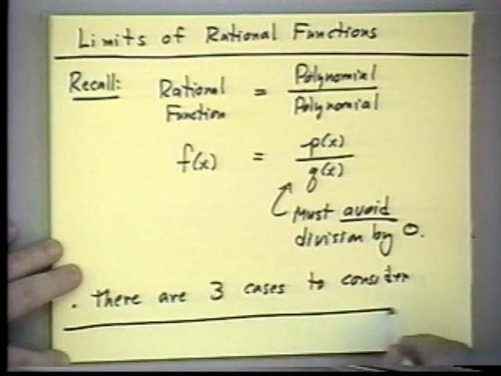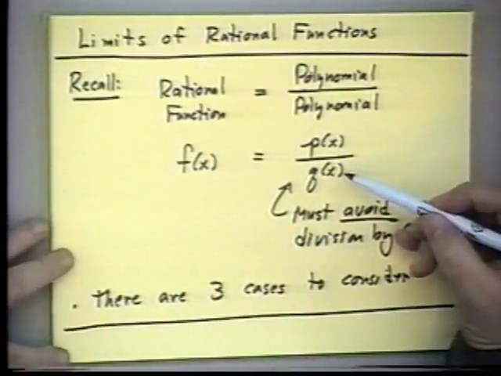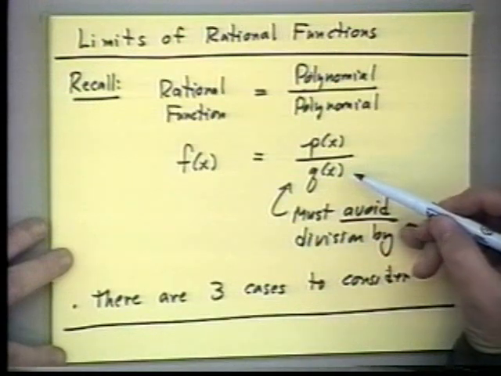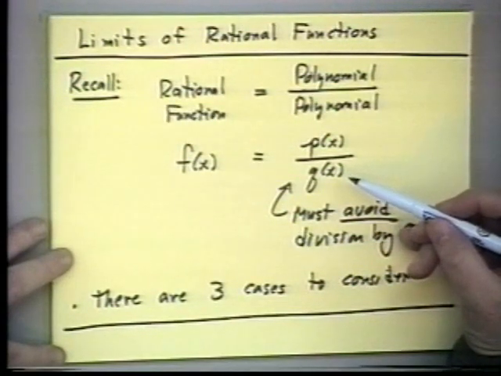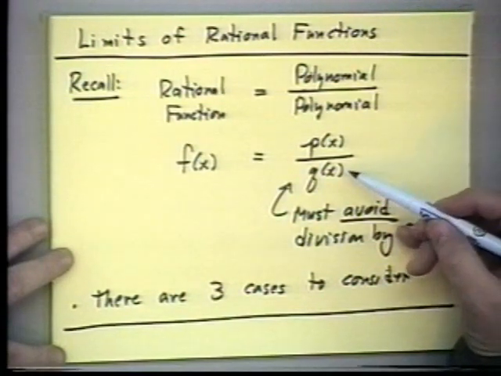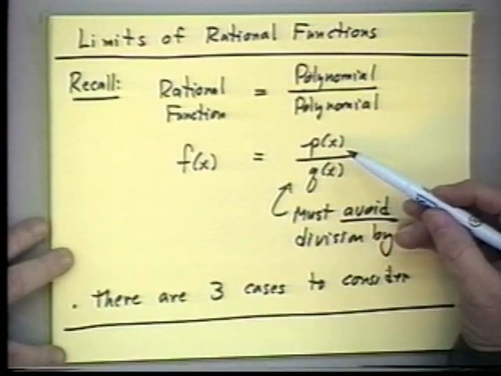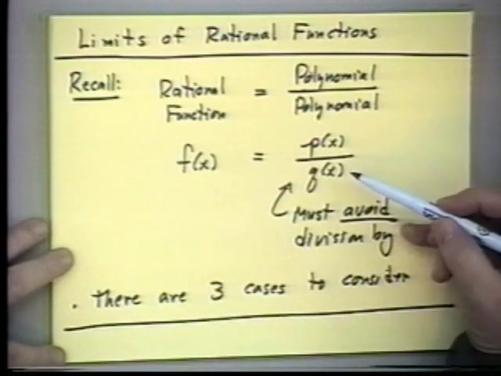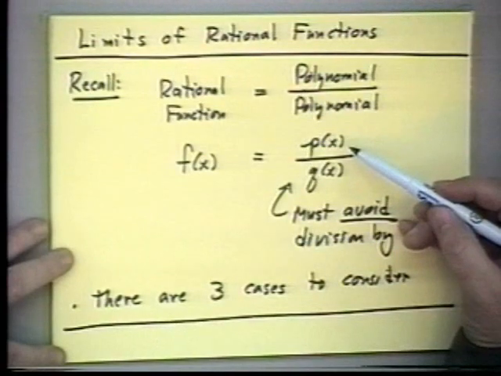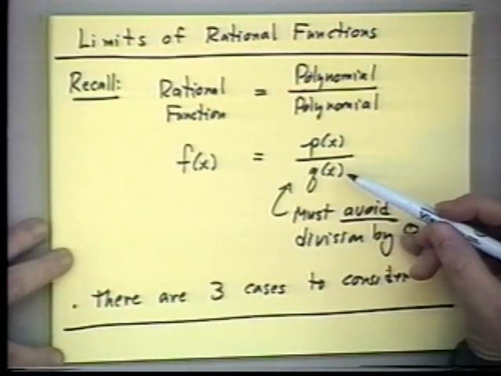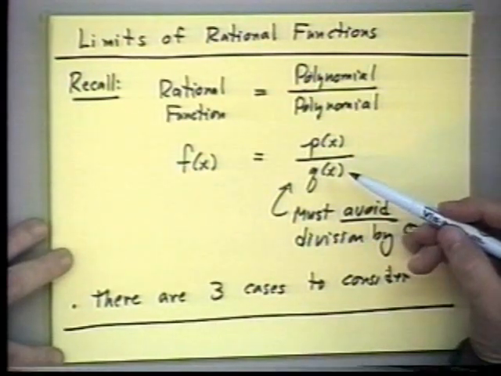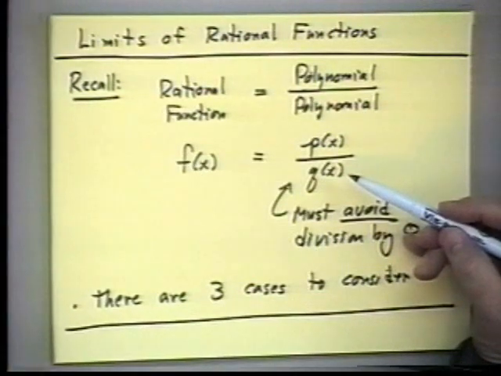And you'll see what they are in a moment, but what they revolve around is whether or not q of x is 0. If this is 0 and the top is not 0, we have one result. If this is 0 and the top is 0, we have a second result. There is a third result where neither is 0, and that's the easiest one. In fact, the one we'll start out with.